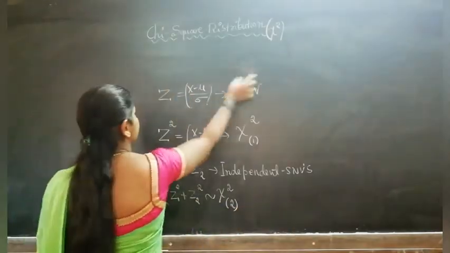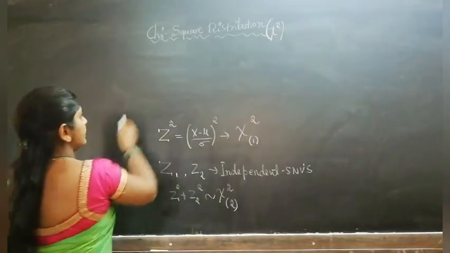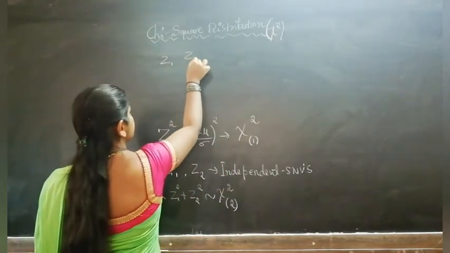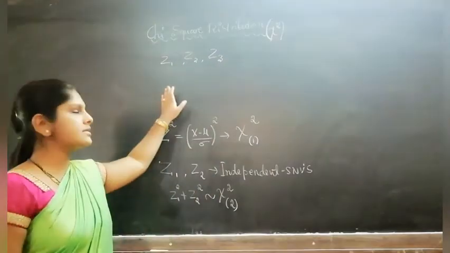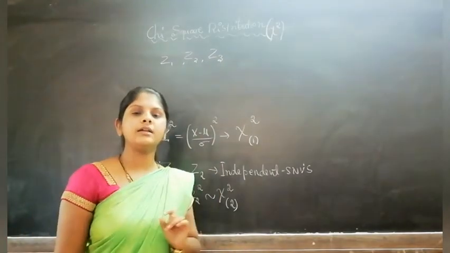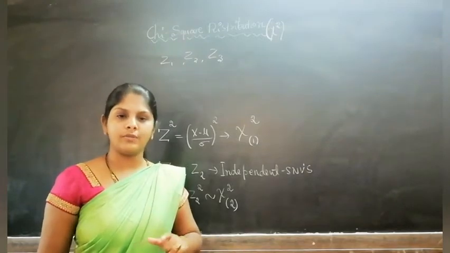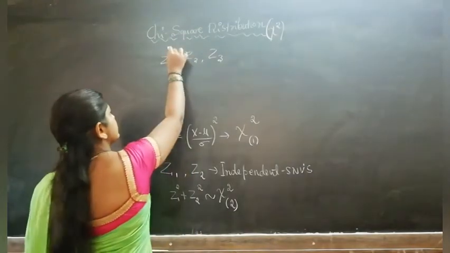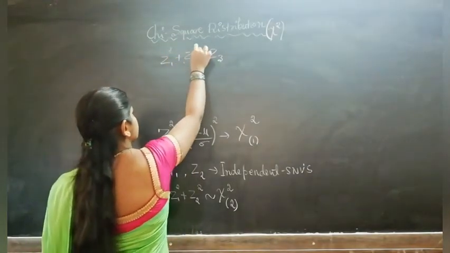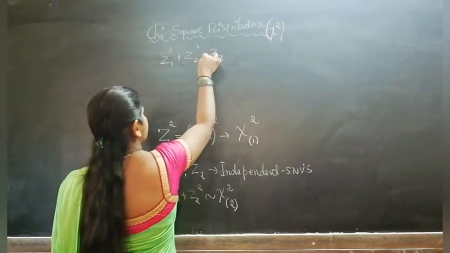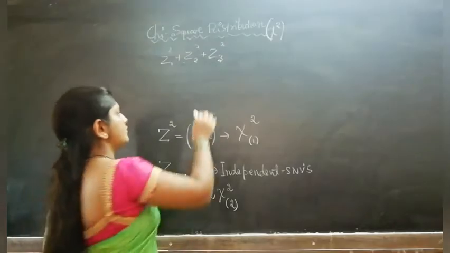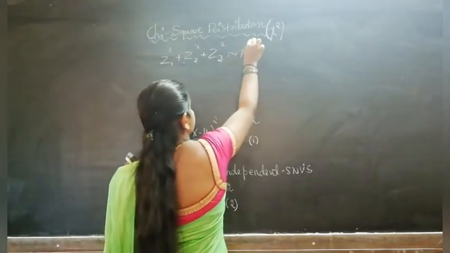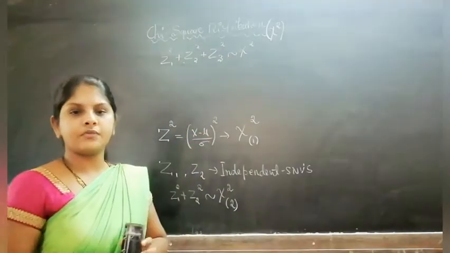Suppose again we have three variables, z1, z2, z3, which are three independent standard normal variates. Then z1 square plus z2 square plus z3 square follows which distribution, with how many degrees of freedom, students?